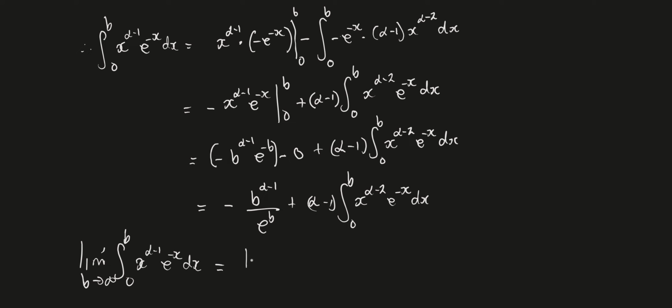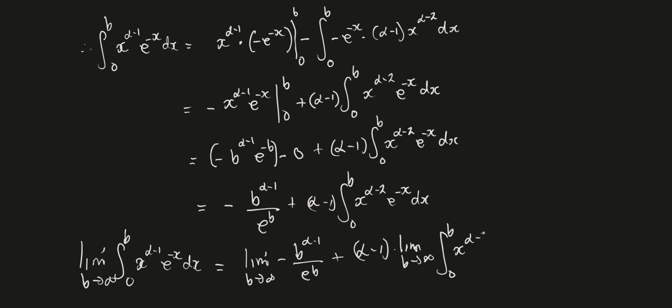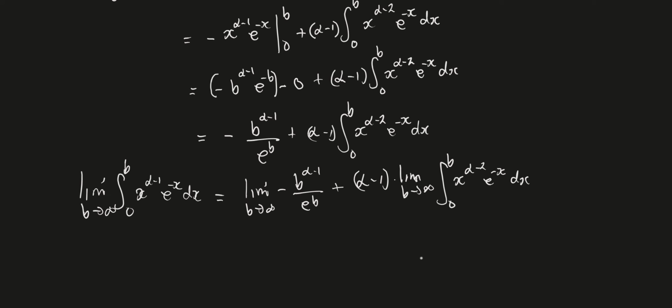So this will be the limit as b goes to infinity of this term, the negative b to the alpha minus 1 over e to the b, and then plus alpha minus 1 times the limit as b goes to infinity of the other integral. So x to the alpha minus 2, and then e to the negative x dx. So let's go term by term to see what happens with the limit.